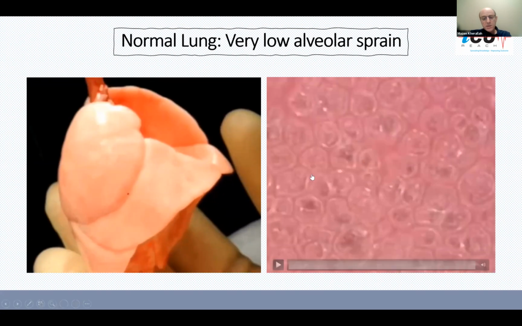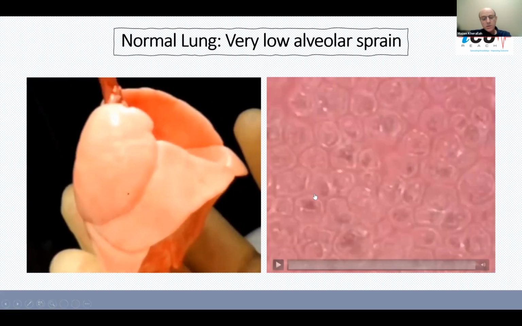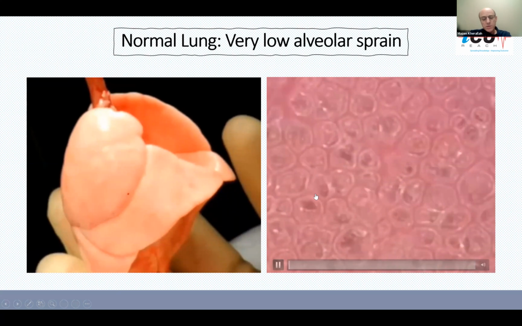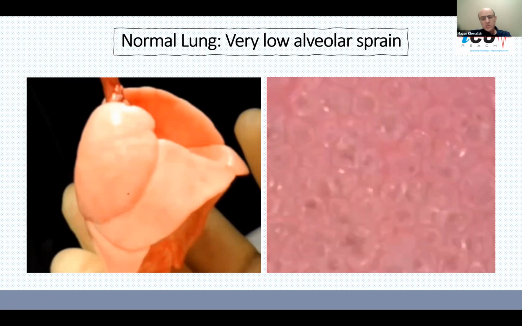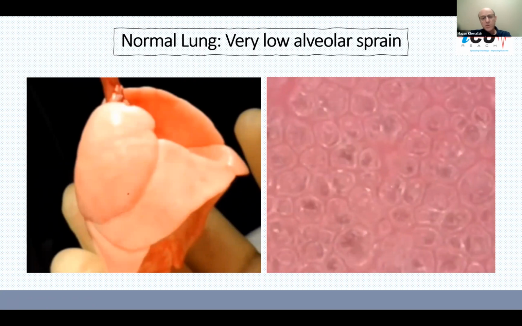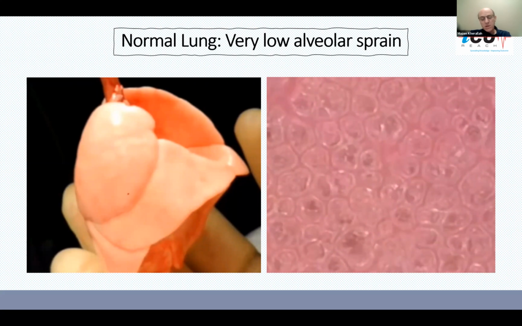You can see that this is a normal lung. You can see inspiration and expiration. On the right side, you can see those alveoli. What you see on the right side is very low alveolar strain. Those alveoli are inflating minimally in inspiration, so the strain is very minimal.